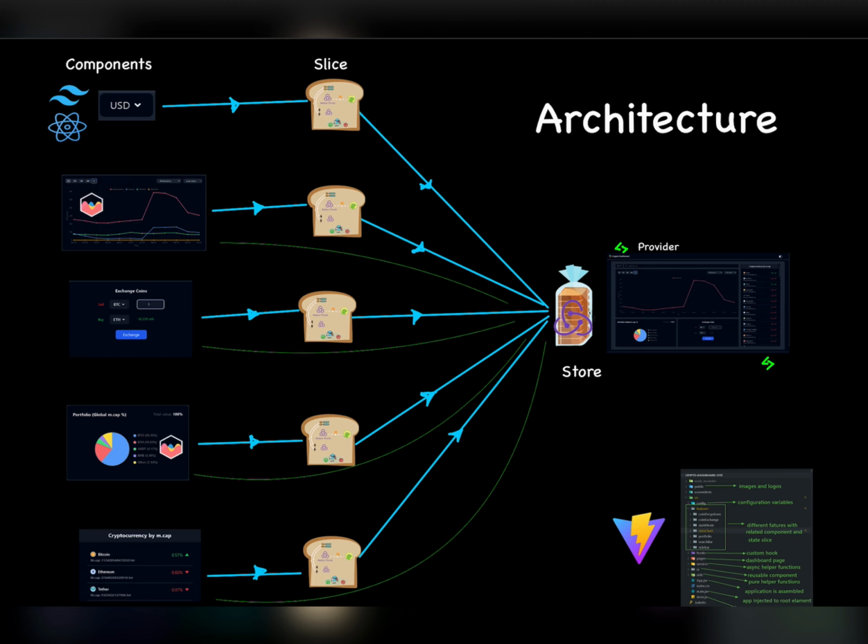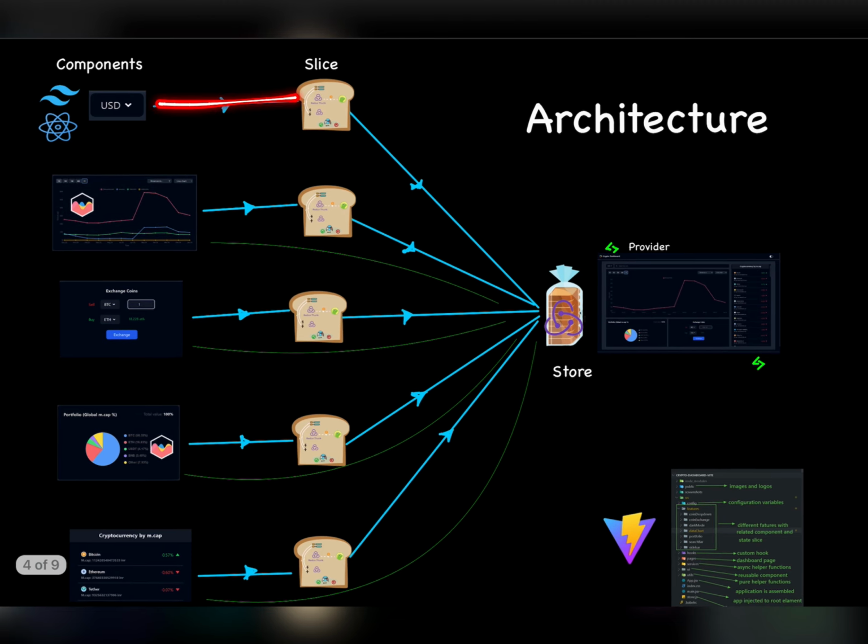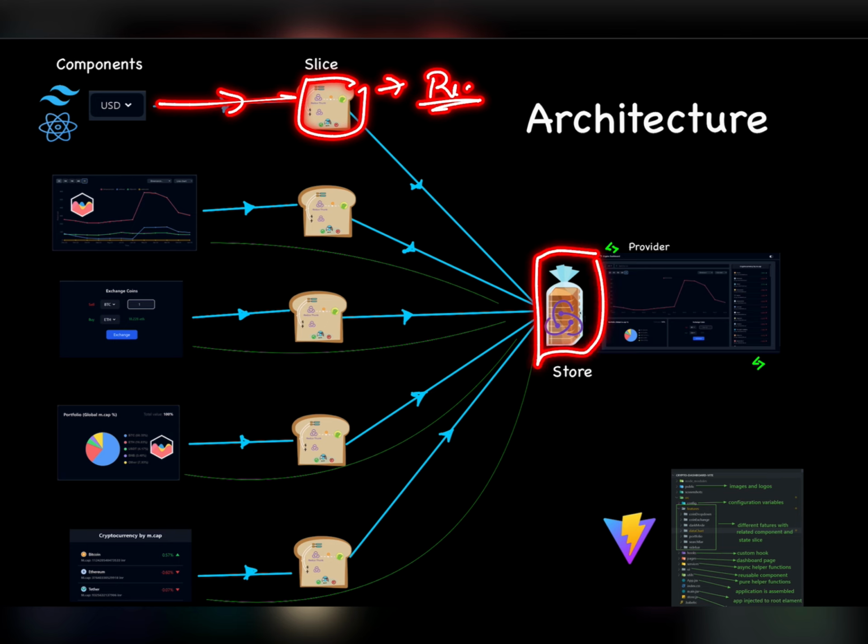So each and every feature will have its own slice of the Redux Toolkit, so that they can maintain their own local state.